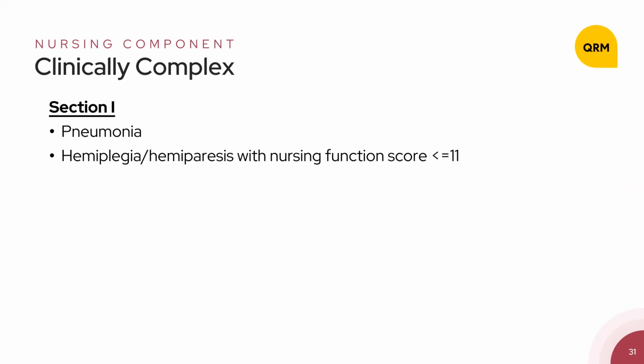If they have hemiplegia or hemiparesis, they also have to have a function score of less than or equal to 11. So those are the two items in section I that can get us into clinically complex. Remember, it has to have those two criteria: documentation in the last 60 days by a physician or physician extender, and actively impacting the resident's care in the last 7 days.